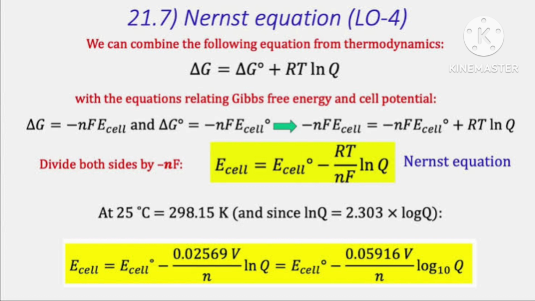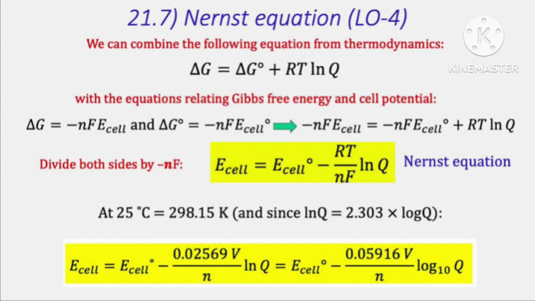As the reaction proceeds, the voltage slowly decreases, and after some time we observe there is no change in the concentration of copper ion and Zn ions, because they are maintaining equilibrium.